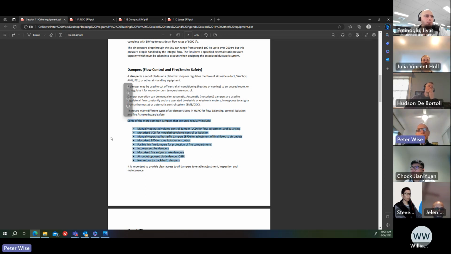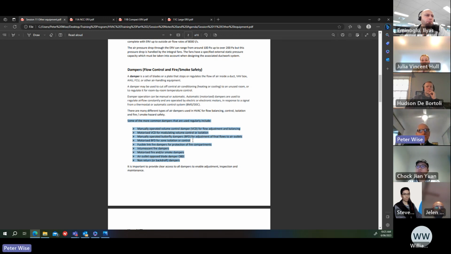Some of the more common dampers that we come across regularly include manually operated volume control dampers, commonly called VCDs, for flow adjustment and balancing, motorised VCDs for modulating volume control or isolation, manually operated butterfly dampers for adjustment of final flows to air outlets. There's a barrel damper.